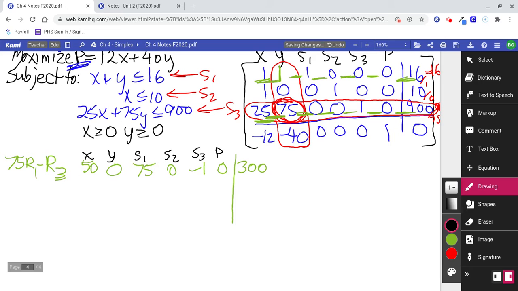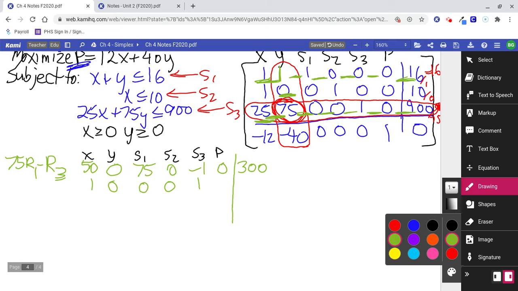All right. Now, the good news is my second row here is already a 0, and that's what I'm looking for. There's no point in doing anything with it. Just leave it alone. That's what we want. So I'm just going to copy this row completely. We've got 1, 0, 0, 1 under the S2, 0, 0, and 10.